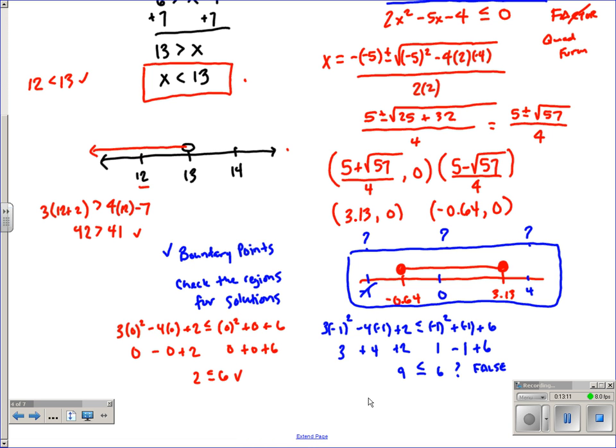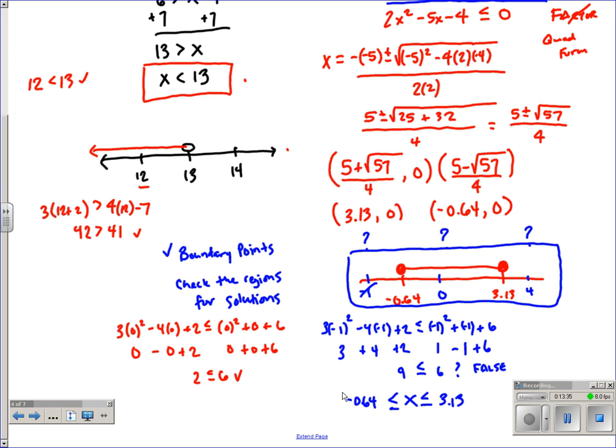So we're going to say x is going to be greater than or equal to one of the values, and it's going to be less than or equal to the other value. As long as you set this up correctly and both of these are going the same direction, you can write an and statement this way. We're going to write -0.64 and 3.13.